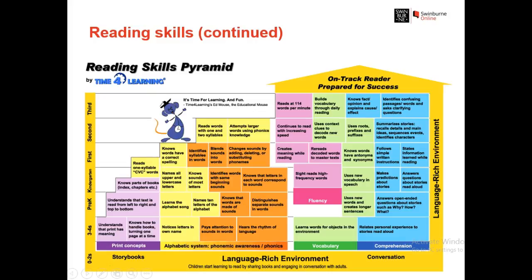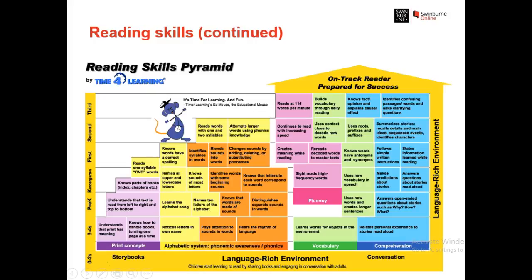Phonological awareness has to be present in order to then introduce our system of phonics and the alphabet. The alphabetic system introduces children to the 26 letters of the alphabet and their corresponding sounds.